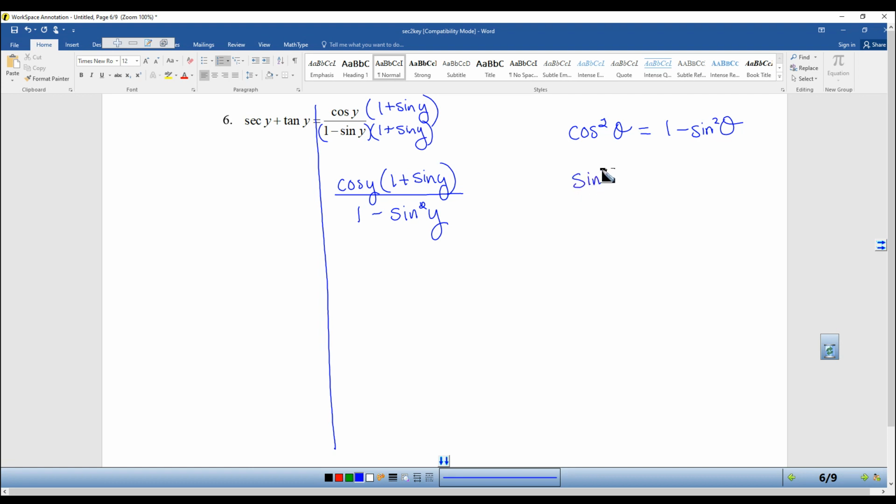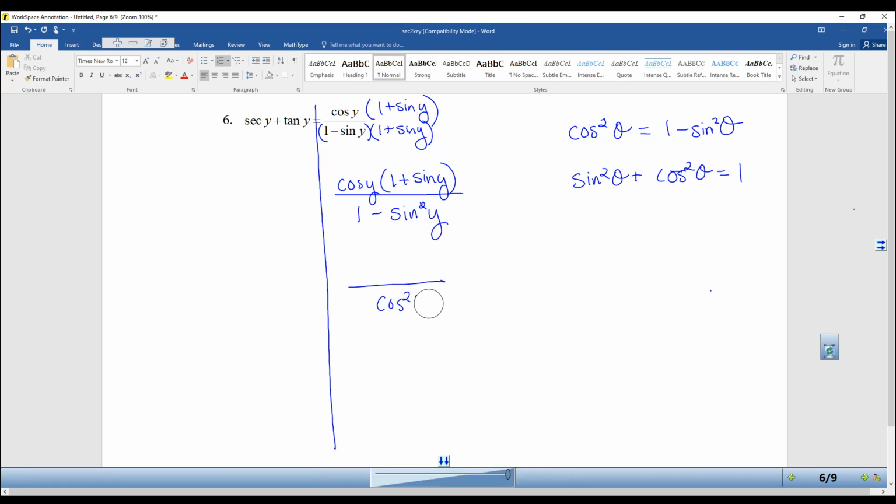If the only way you have written on your appendix is this one, that's totally fine. It just means that then you'll do a little extra step of replacing the 1 with sine squared plus cosine squared. But if you also understand it to mean this, then you can right away just change that cosine squared theta.